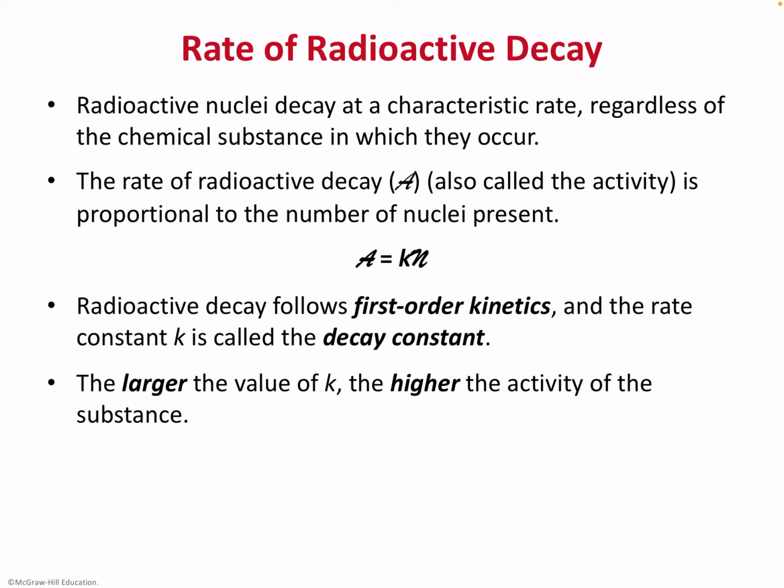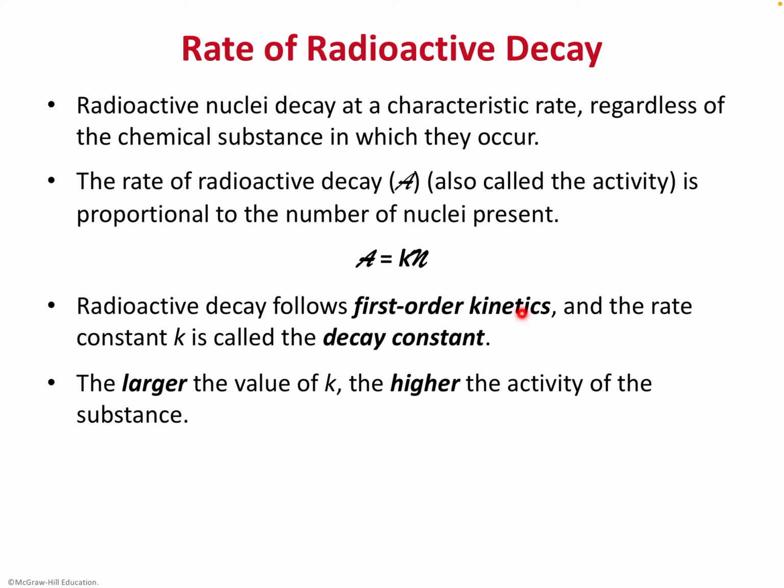Rate of radioactive decay. Radioactive nuclei decay at a characteristic rate, regardless of the chemical substance in which they occur. The rate of radioactive decay, given the symbol A, also called the activity, is proportional to the number of nuclei present. A equals k times N. Now, radioactive decay follows first order kinetics.